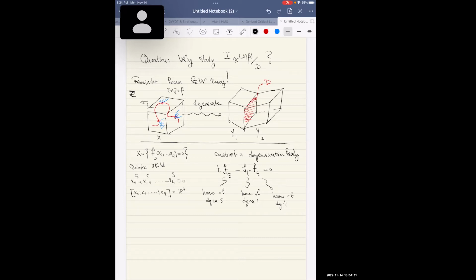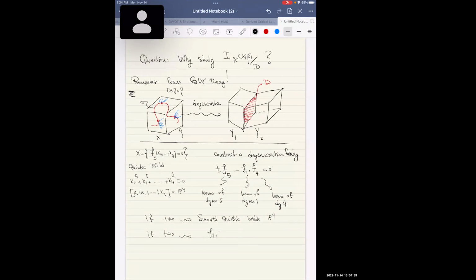So the result is still some kind of a quintic. However, what this quintic looks like depends on the variable t. If t is not equal to 0, we get some smooth quintic inside P4, which is not necessarily one of these guys, but maybe it's an isomorphic copy of it because it's just as smooth. But if t becomes equal to 0, then the equation becomes f1 times f4 equal to 0, and the 0 locus of f1 times f4 is the 0 locus of f1 union the 0 locus of f4.